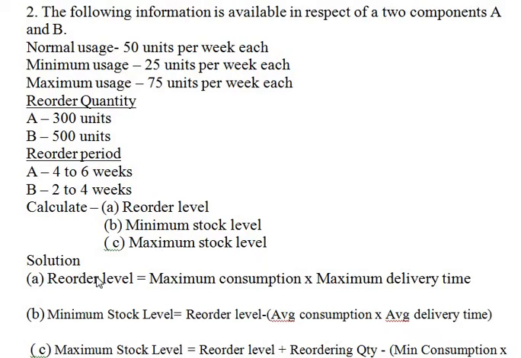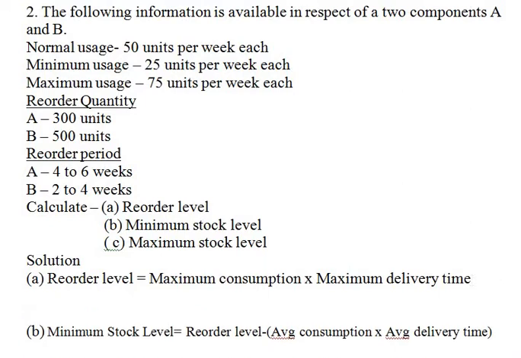So write down reorder level. Now what is the formula? Reorder level is equal to maximum consumption into maximum delivery time. Maximum consumption is given as well as maximum delivery time is given. We need to calculate this for two components, that is A and B, right?